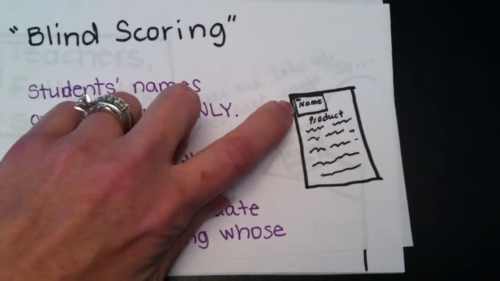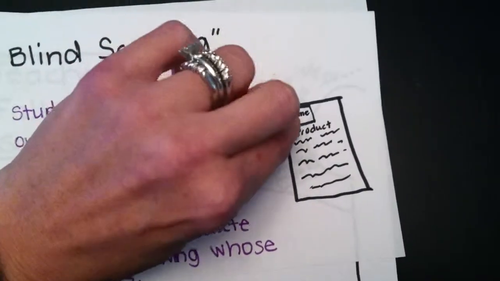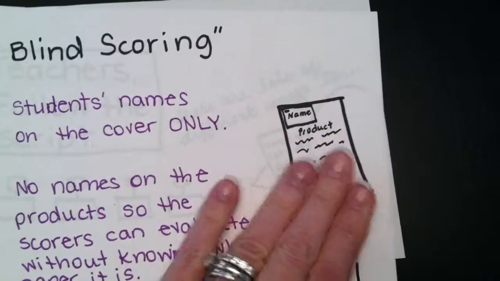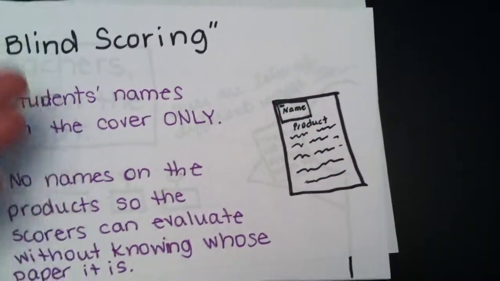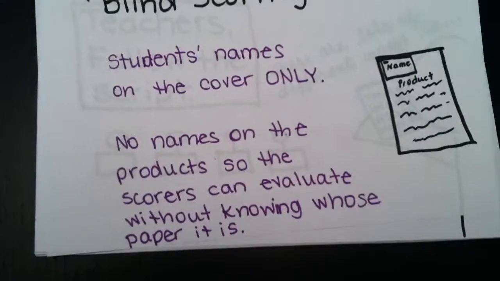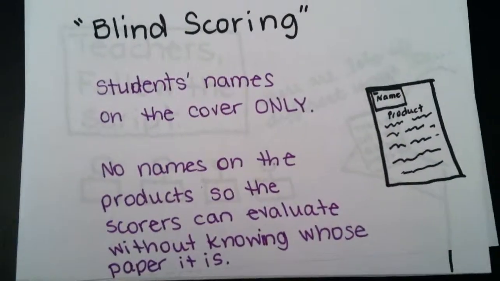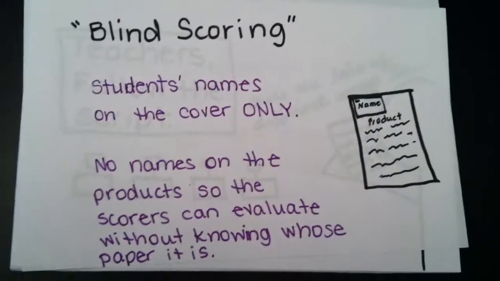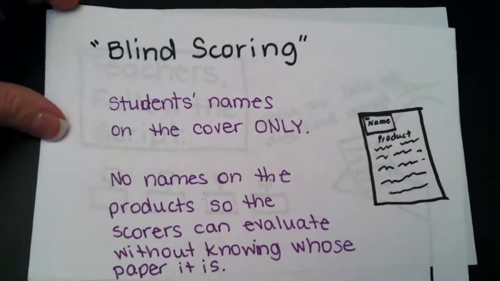When the scorers get ready to score, we can pull that off, pass around the products, and then put it back with the name and know who it belongs to. The scorers can work objectively if the student's name is only on the cover sheet or the rubric that will be provided.